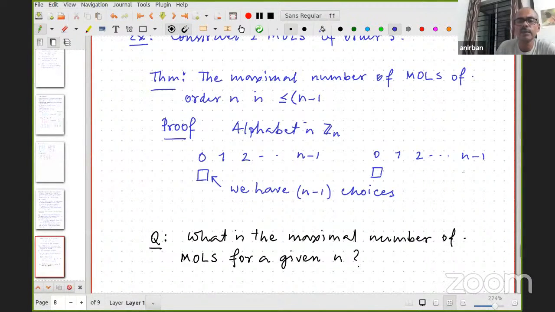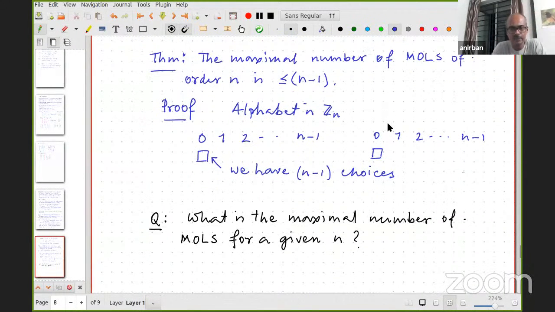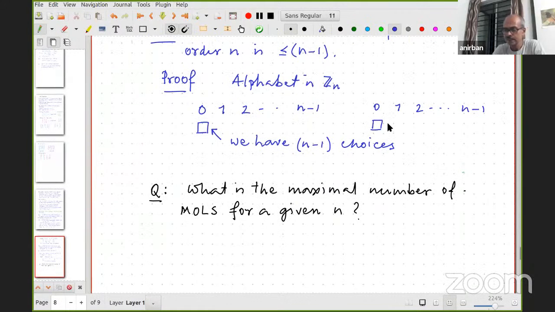It need not be n minus 1, but n minus 1 is the maximum possible. You cannot have more than that because you won't have a choice of elements here. But do we have all of them for a given n? That's the question. So what is the number of mutually orthogonal Latin squares for a given n?